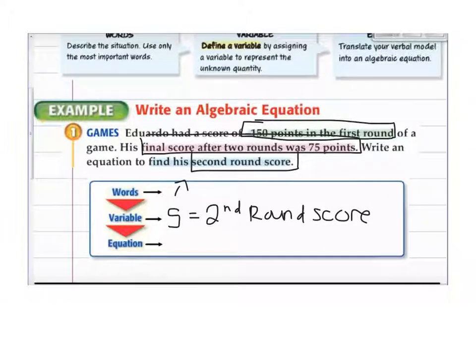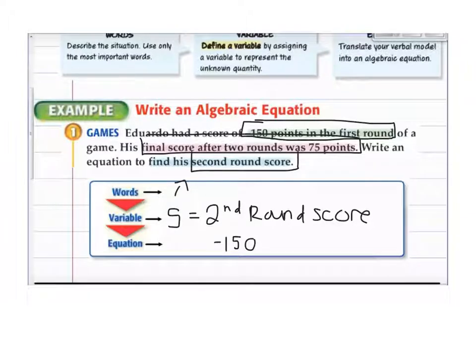So I'm going to read it again. Eduardo had a score of negative 150 points in the first round of the game. I'm just going to write that down: negative 150. His final score after the 2 rounds was 75 points. Write an equation to find his second round score.